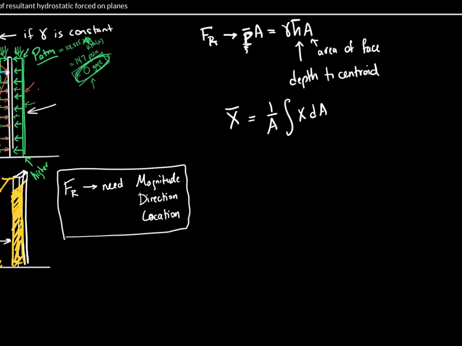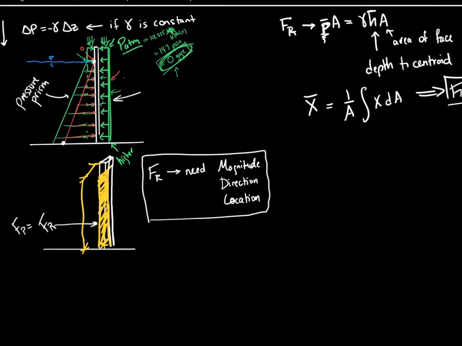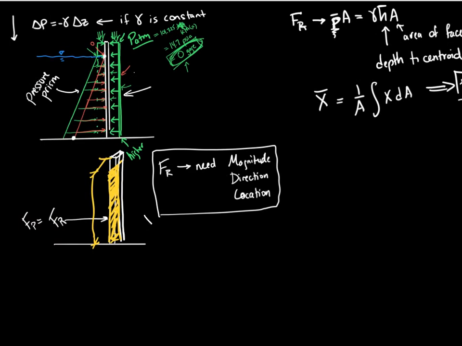However, in fluid mechanics, what we do is we use a table. Let me find that table. In your textbook, you're going to find it in figure 3.32. What it's going to do is tell you, all right, you're going to look at this dam right here that I've drawn, or a different dam. In this case, it's a rectangle, right?